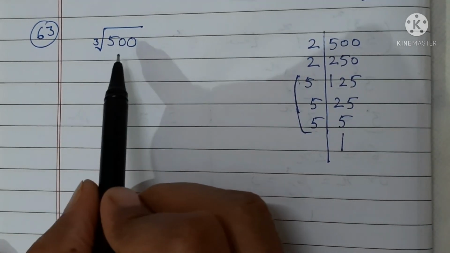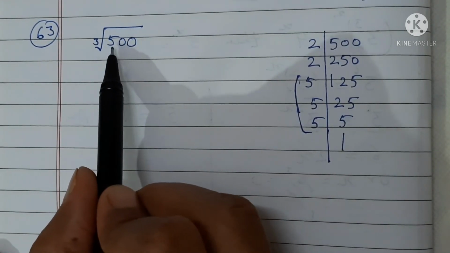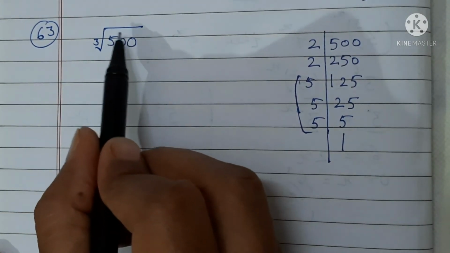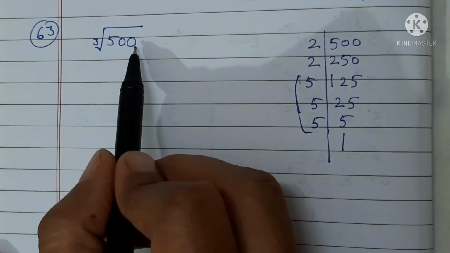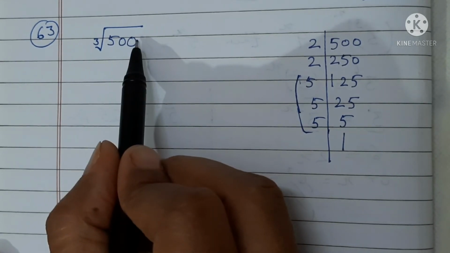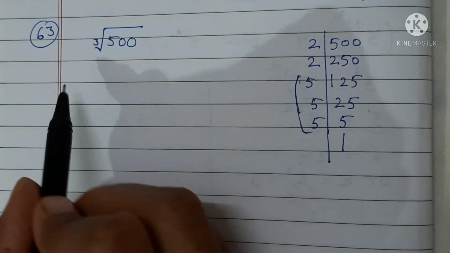But it is an objective question, so in your mind it is a shortcut that 5 twos are 10. So it becomes 10 into 10 into 10, and then it will become a perfect cube. It means you multiply this number by 2, and see all the options, cube root of 2 will be multiplied.